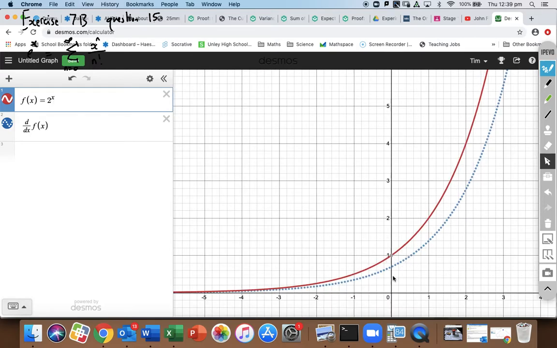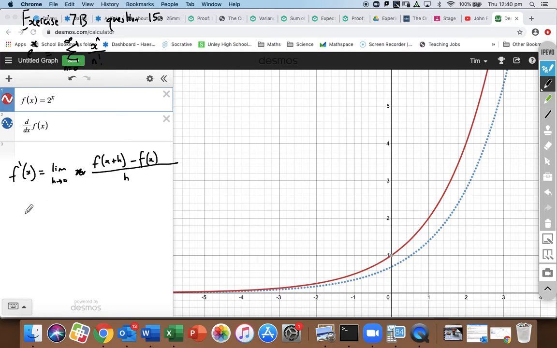So there's the function. The derivative looks really similar to that function, right? In fact, it's proportional. And I could show that it was proportional if I looked at the derivative. If we remember first principles, h approaches 0, f of x plus h minus f of x, divide h, right? I don't know why I drew that there. Doesn't need to be there, sorry.